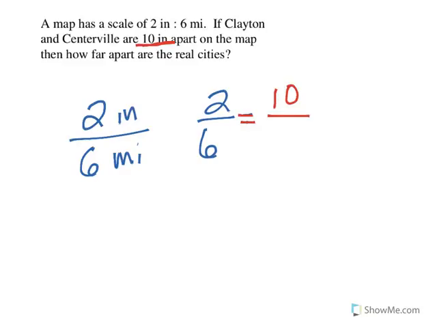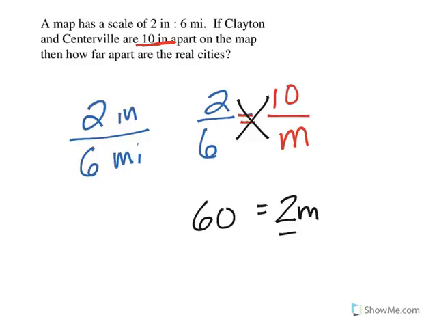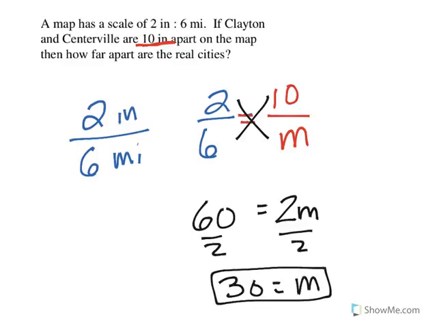How far apart are the real cities? So that's basically how many miles are there. I'm going to use m for miles. Okay, so 10 times 6 is 60. 2 times m. Divide by 2, m is 30. 30 miles apart.